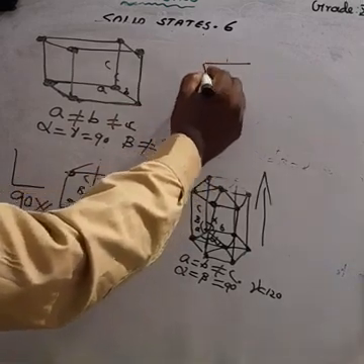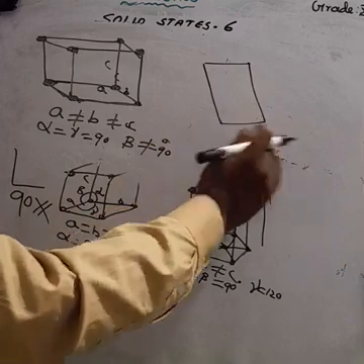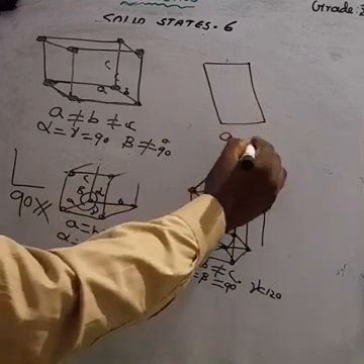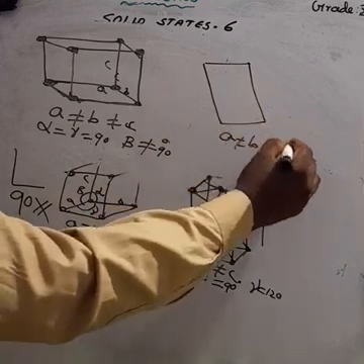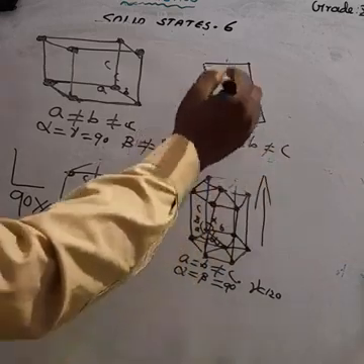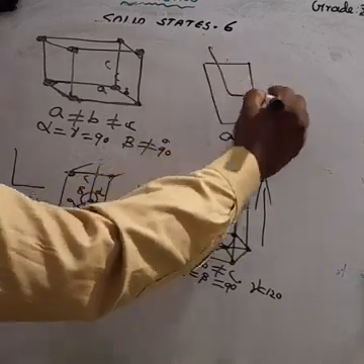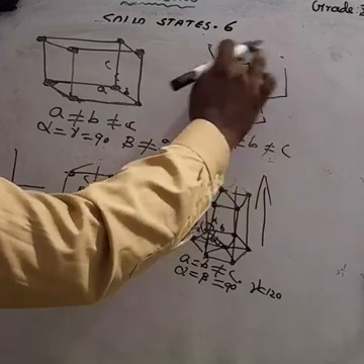Here A is not equal to B, B is not equal to C. That is a different length, and also we have different angles.